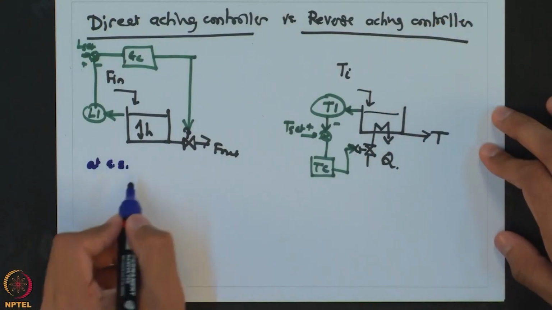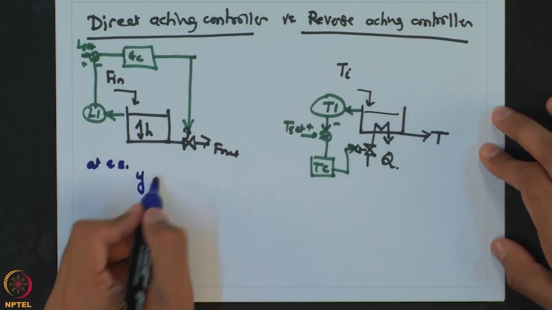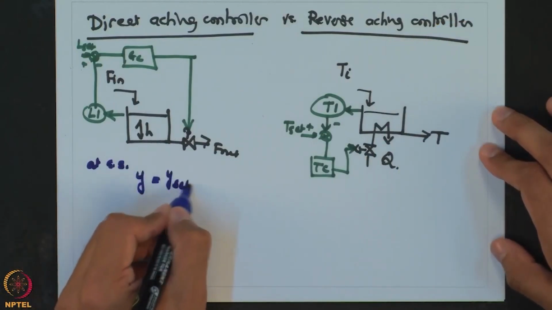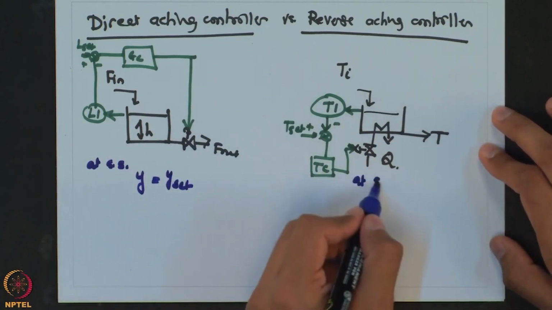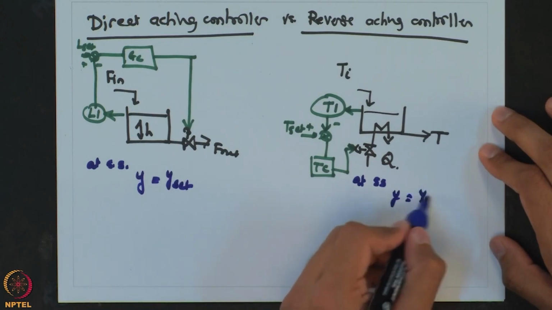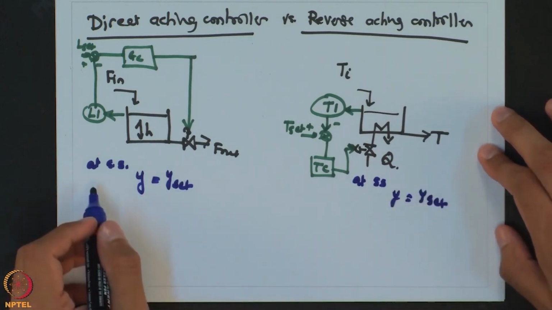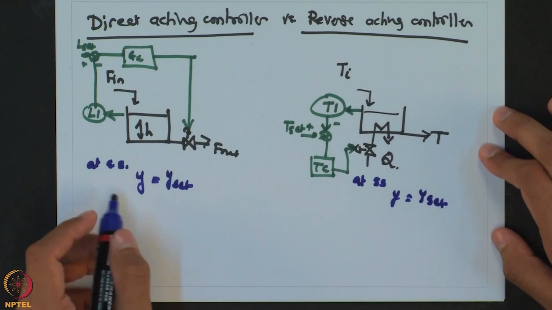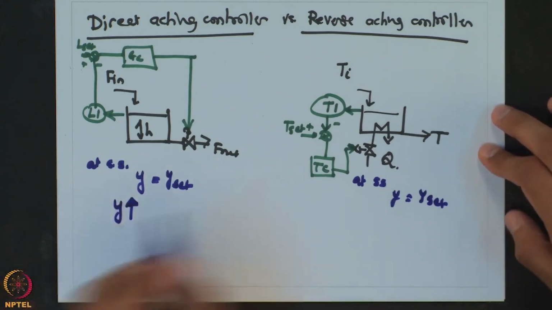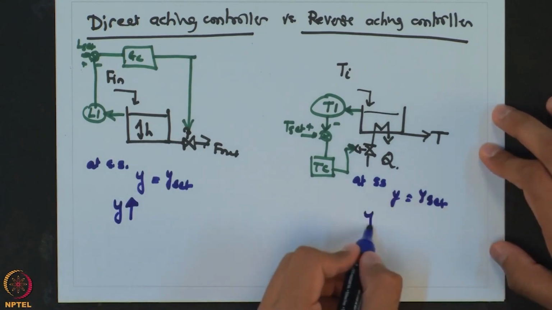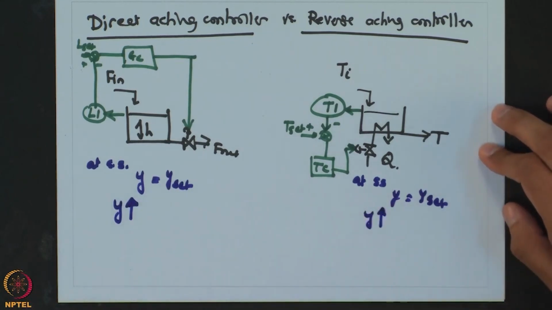In both the cases, let us look at what happens when at the steady state your output is equal to the set value. Let us say at some finite time, because of some disturbance, this y increases beyond the set point in both the cases.